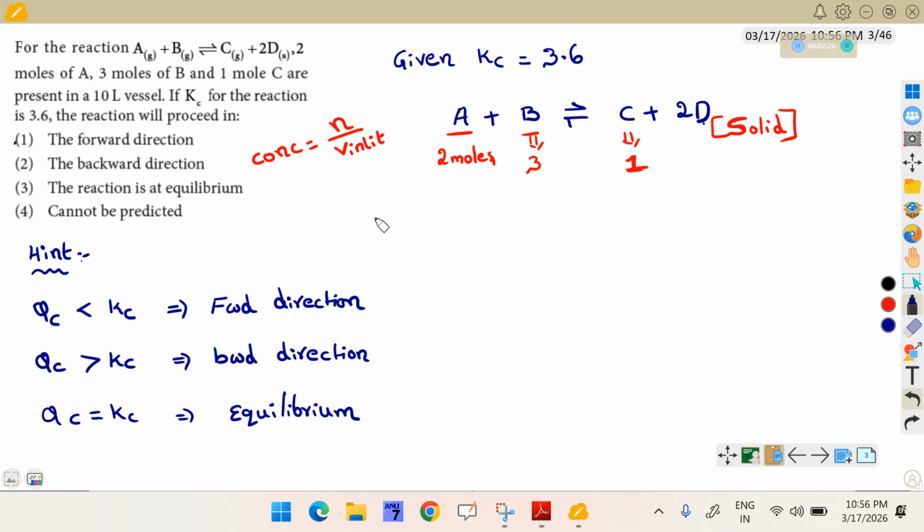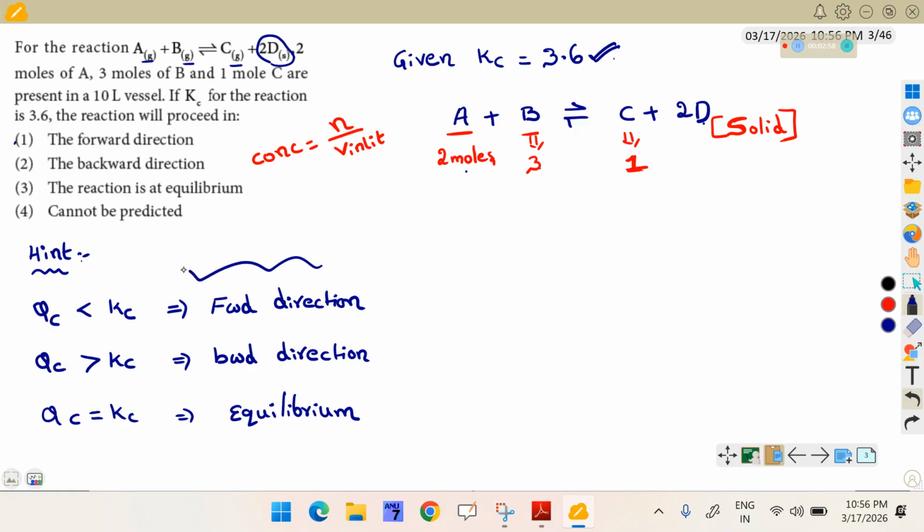See the next question. For the reaction A plus B gives C plus D. Here A is gas, B is gas, C is also in the form of gas, but D is in the form of solid. 2 moles of A, 3 moles of B and 1 mole of C are present in a 10-liter vessel. If Kc of the reaction is 3.6, then the reaction proceeds in which direction? So you must calculate Qc.